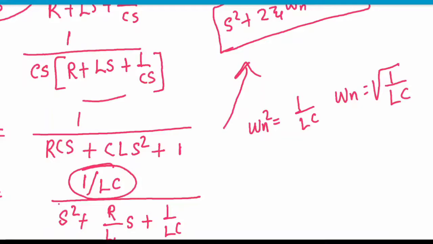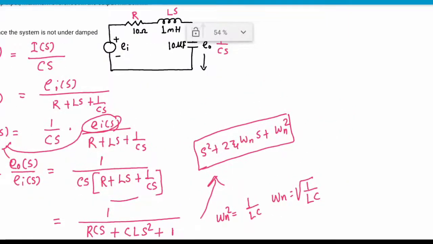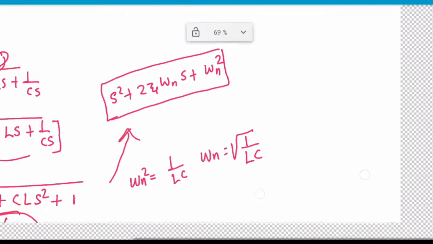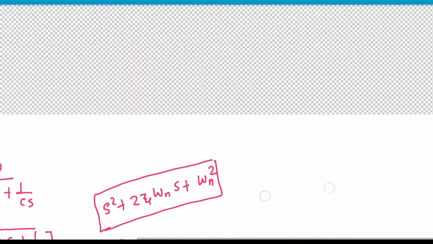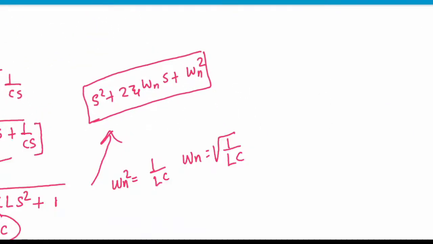And here L is given 1 millihenry, and C is given to be 10 microfarad. This is millihenry and this is microfarad. So this is 1 by root over 1 milli into 10 micro.